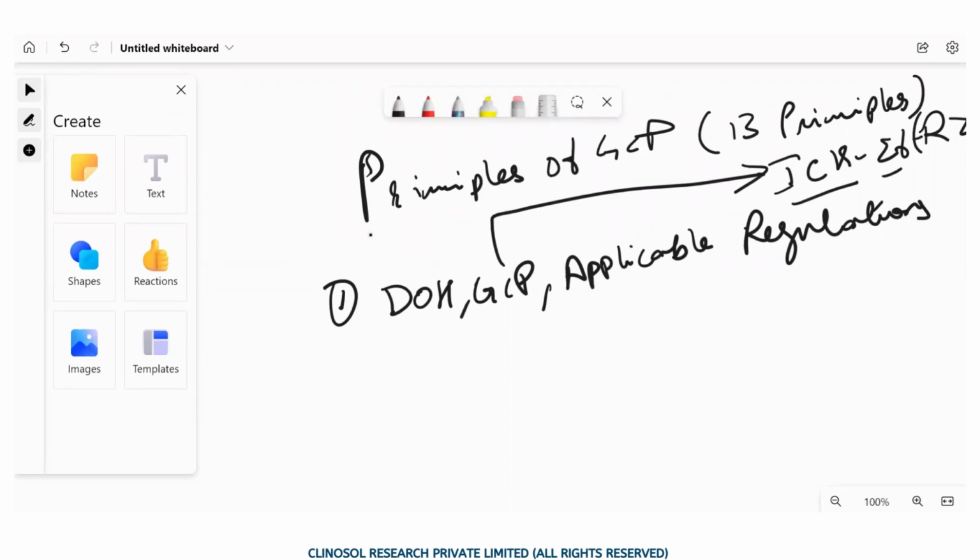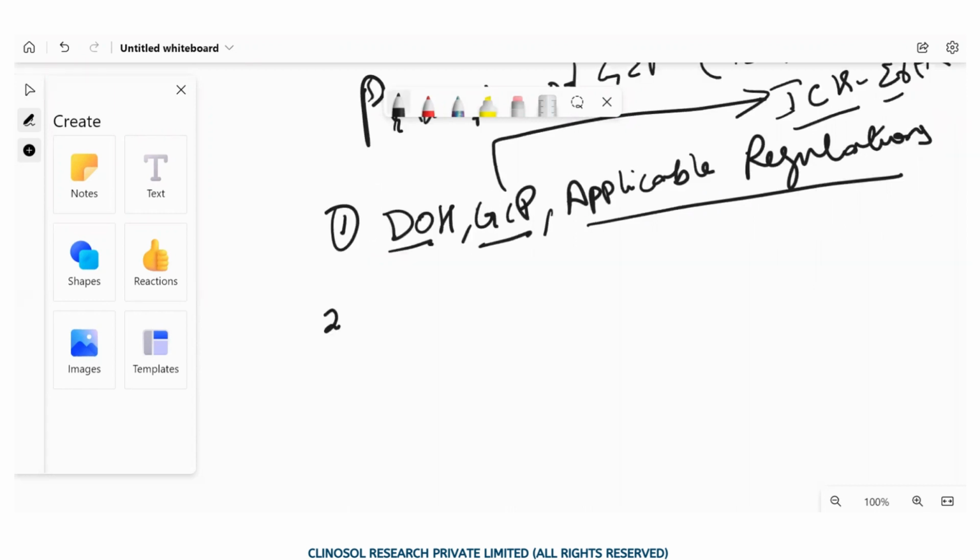I'll repeat this principle: clinical trials should be conducted in accordance with Declaration of Helsinki, GCP, applicable regulations. You need to remember only 3 words: Declaration of Helsinki, GCP, applicable regulations. So this is the first principle of GCP.